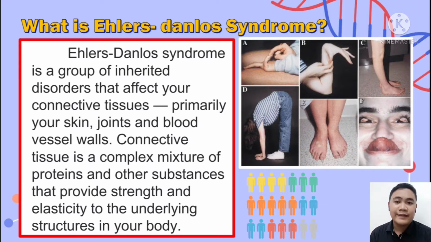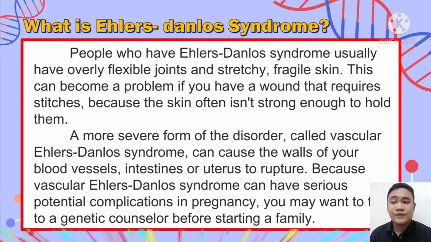Another thing, people who have Ehlers-Danlos syndrome usually have overly flexible joints and stretchy, fragile skin. This can become a problem if you have a wound that requires stitches because the skin often isn't strong enough to hold them.